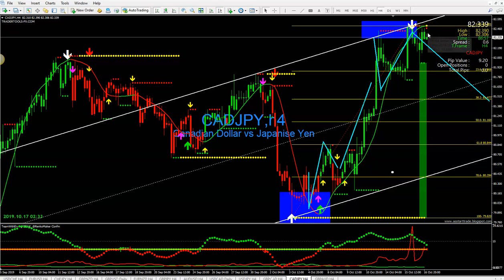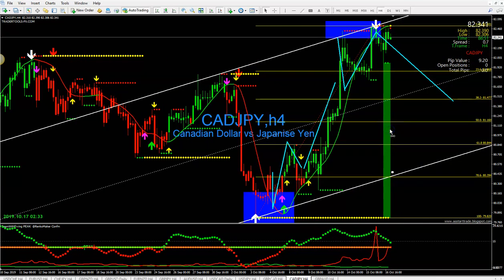And look at what it's doing. Right now it's creating a 4 hours and a daily. And then what did I say? I said that it was gonna do a pullback, retesting our 23 and our 38 Fibonacci line. So right now this pair, in my opinion, is still valid.